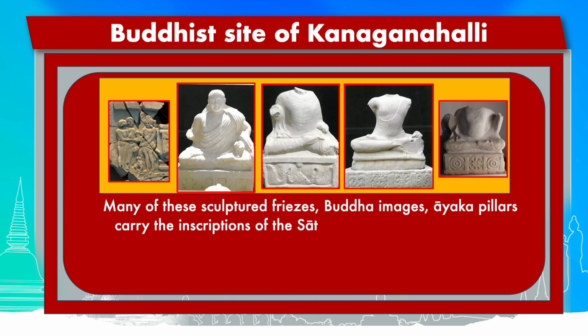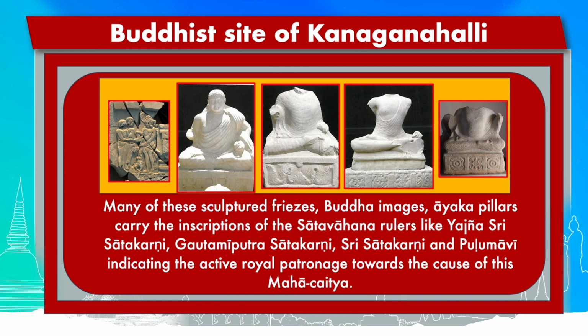The pedestals of the standing and seated Buddha have sculptural friezes narrating the events pertaining to the life of the Buddha, that is the birth, the great renunciation, the enlightenment, the first sermon, and the extinction, that is parinirvana.